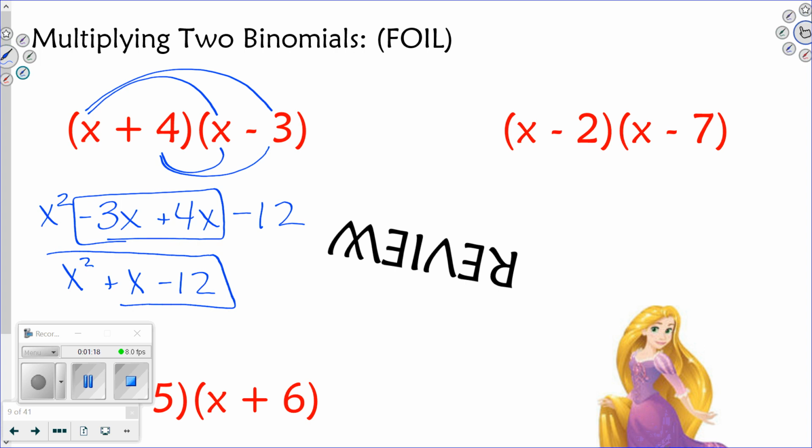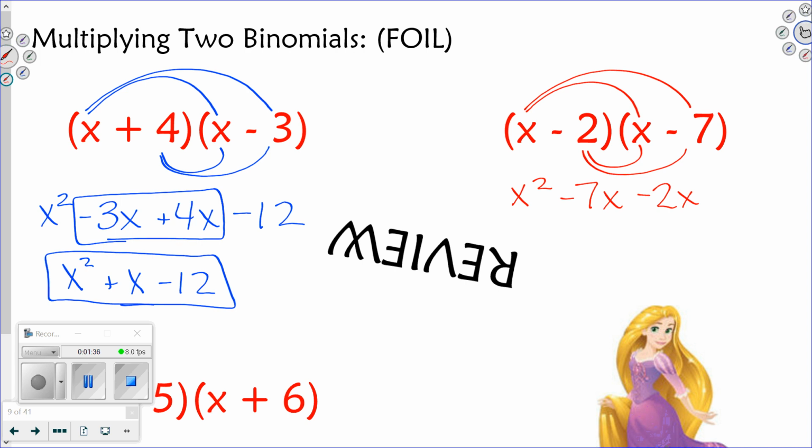Humor me here. I got 3 of them on here, and there's a reason I have 3 of them. Over here, if we multiply, x squared minus 7x minus 2x, and then plus 14. Like terms in the middle.